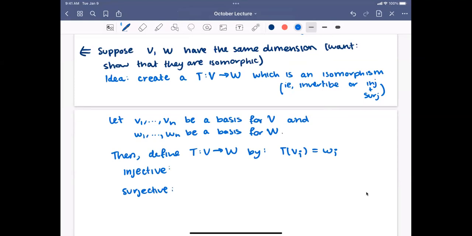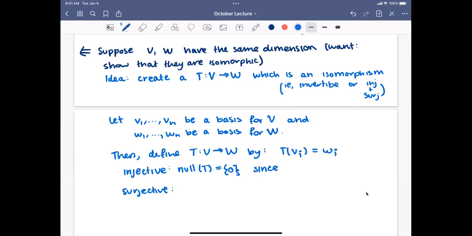And it's injective because if something maps to 0, then that means that we have a linear combination of the W's that equals 0. But since the W's are a basis, they're linearly independent. So that means that in fact, the thing that we mapped to 0 must have been 0. So null of T is equal to 0.